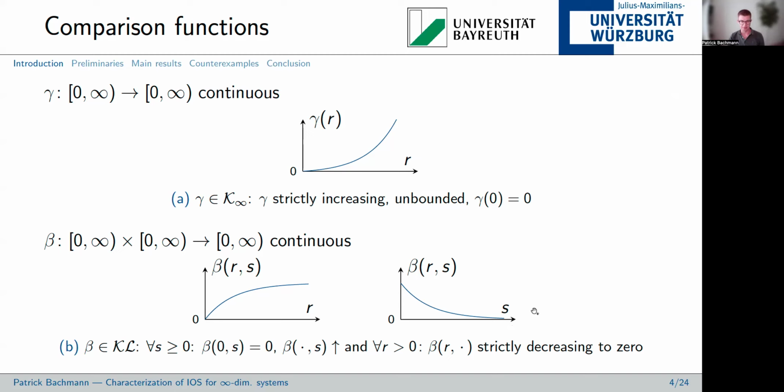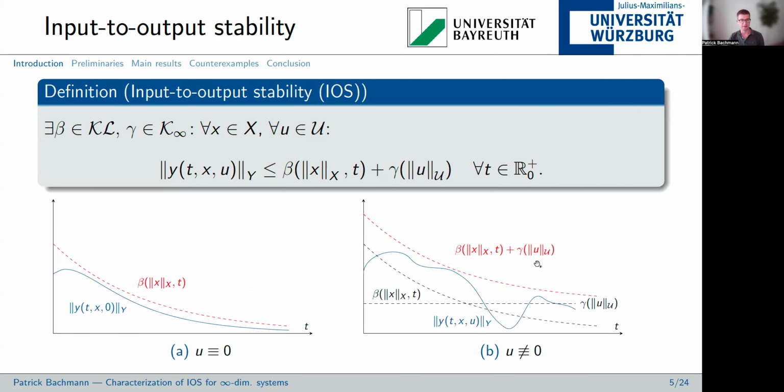Now we can formally define input to output stability. As you are all experienced in input to state stability, this might look familiar to you. The difference to input to state stability is that on the left-hand side, we now have the output.